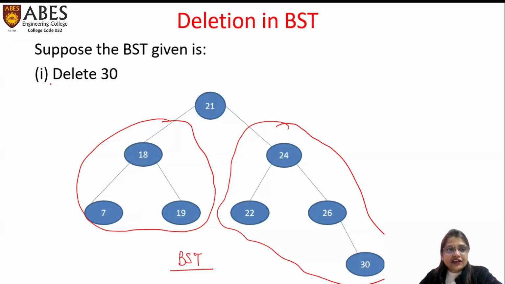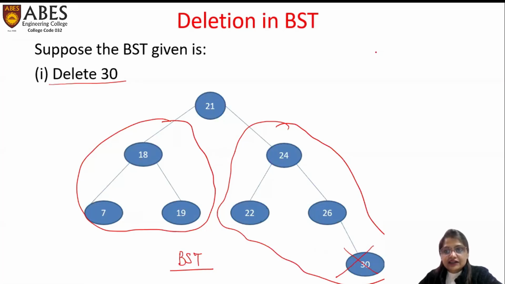For case 1, if I want to delete 30, we first have to search where 30 lies. Then we come to this position and see whether this 30 has a further child or not. We see 30 has no children, so this lies in case 1 and we can directly remove this node from here.